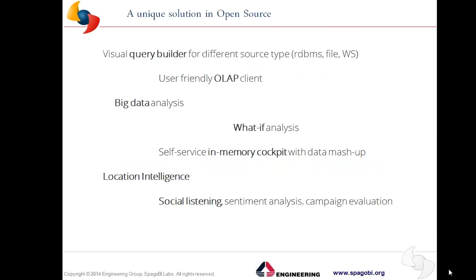What does it provide then in this open source way? Well, several features. As I said, it's a suite. So there are a number of analytical features that are offered. They may vary a lot, and it's understood that you may not need everything. Today, for example, we focus on the self-service part. So the new in-memory cockpit is part of, let's say, a category of analysis that is often called self-service BI, do-it-yourself, this kind of stuff.